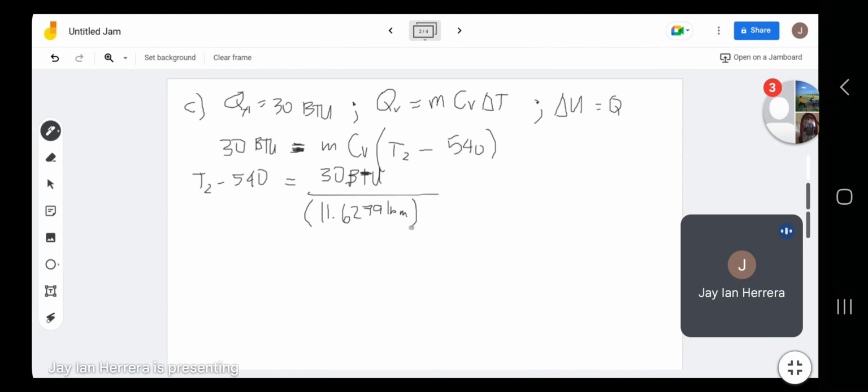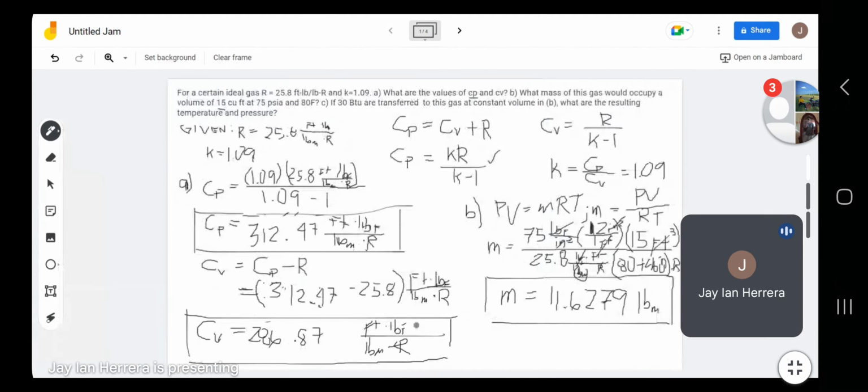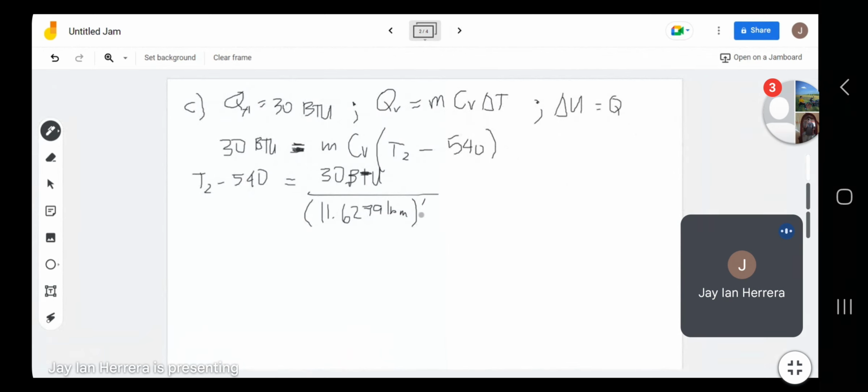And our Cv, solve natin yan from letter A, we have 286.87 foot-pound force per pound mass degree Rankine. Okay. So, paano natin nagka-cancel si BTU? So, from RP1, nagbigay ako ng conversion unit for BTU.